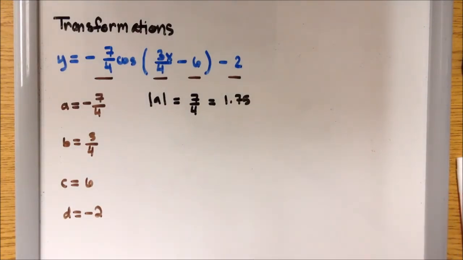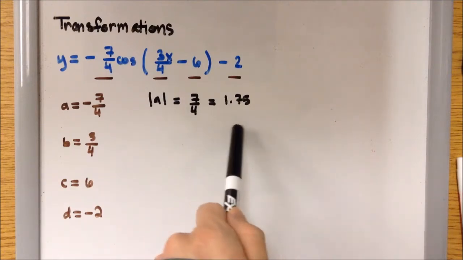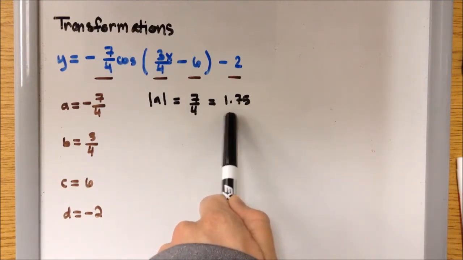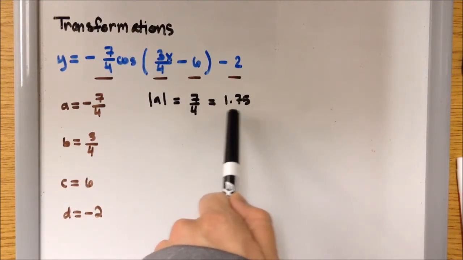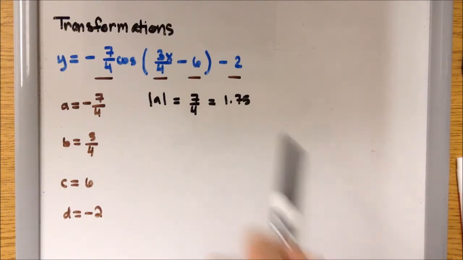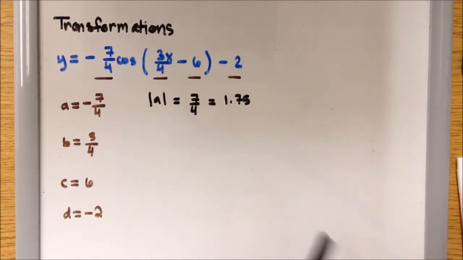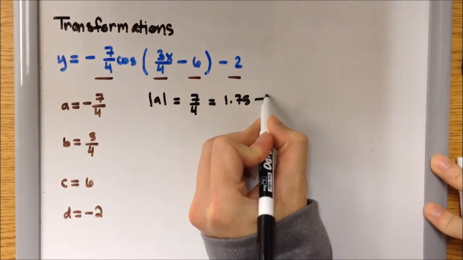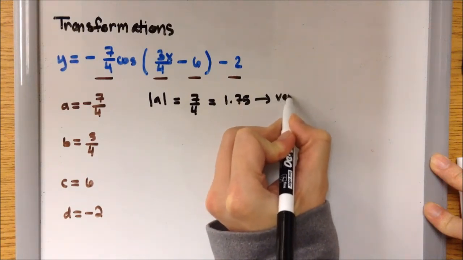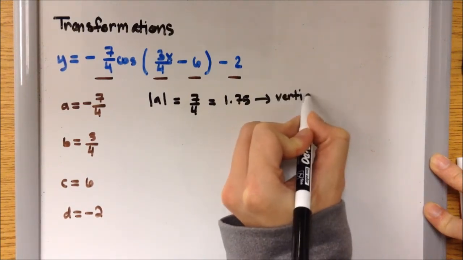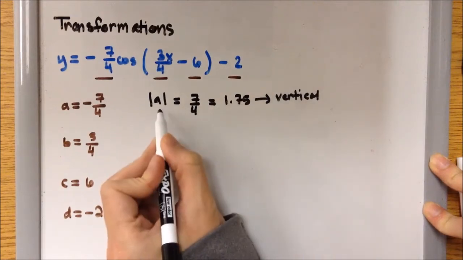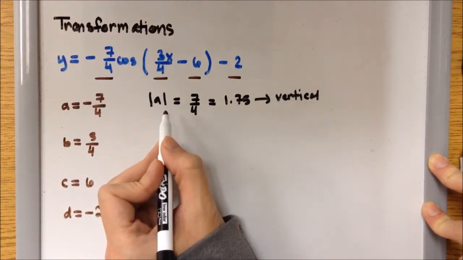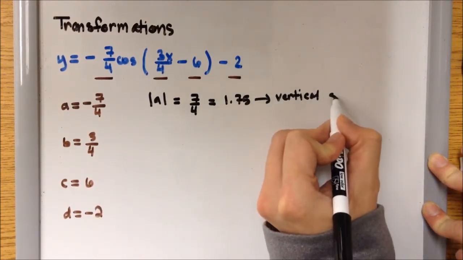Since this fraction is more than 1, and the decimal value shows that 1.75 is greater than 1.00, and since we have an A value, it's a vertical dilation. Since our A value is more than 1, it's going to be a vertical stretch.